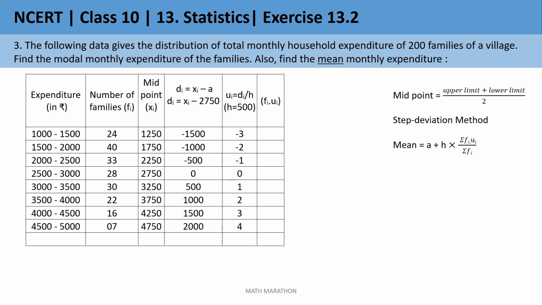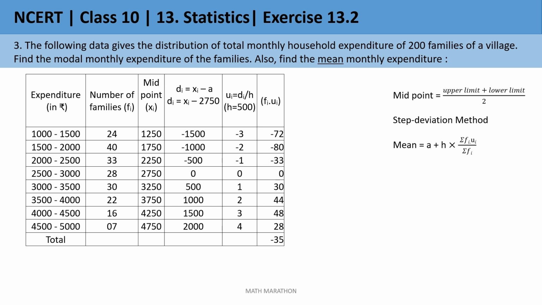Now, let us calculate fi ui. 24 multiplied by minus 3 is minus 72. 40 multiplied by minus 2 is minus 80. 33 multiplied by minus 1 is minus 33. 28 multiplied by 0 is 0. 30 multiplied by 1 is 30. 22 multiplied by 2 is 44. 16 multiplied by 3 is 48. 7 multiplied by 4 is 28.